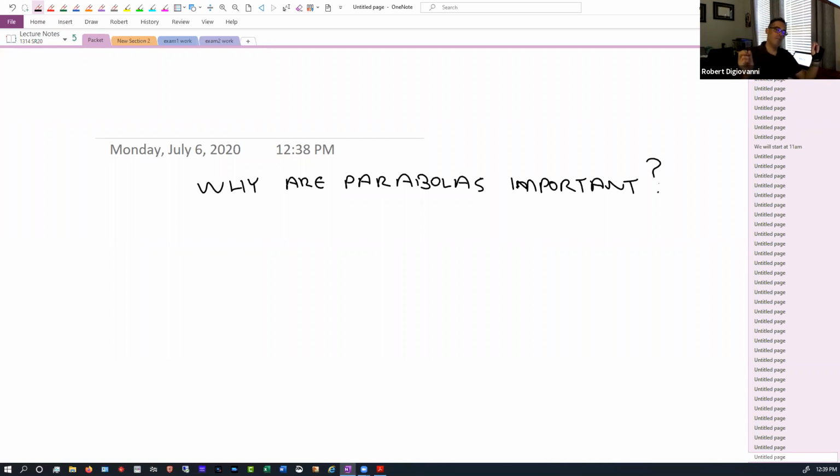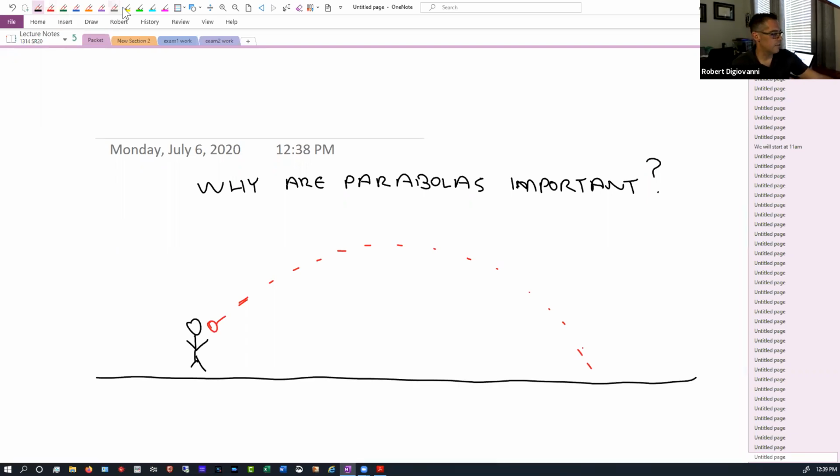If you can imagine, if you throw something through the air, it's going to lob through the air, right? And for all objects on Earth, if you throw something through the air, like a ball, the path that it travels through the air is always a parabola, always.